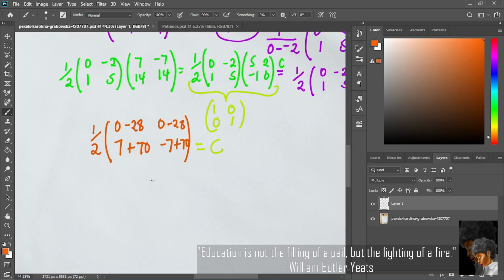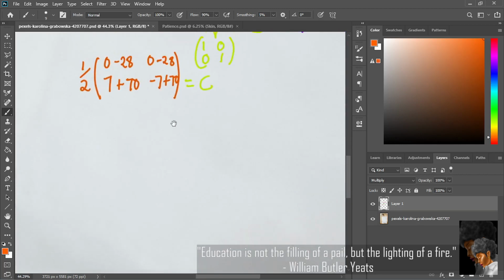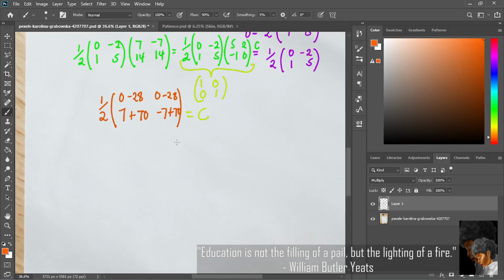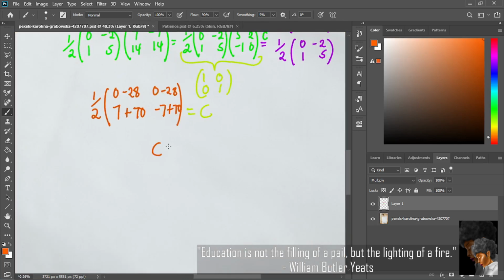So eventually the value of C is going to be a half into negative 28, and then also 0 minus 28 will be negative 28, and then 7 plus 70 is 77, and then negative 7 plus 70 is 63. This will be the value of C.